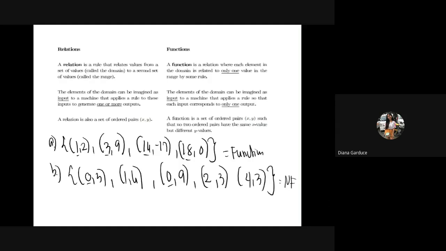Wala tayong pakialam doon kay y coordinate. Our concern there, it's only the x coordinate. Once the x coordinate is not unique, then that set of ordered pairs is not a function. All functions are relations, but not all relations are functions.